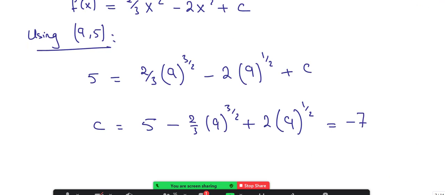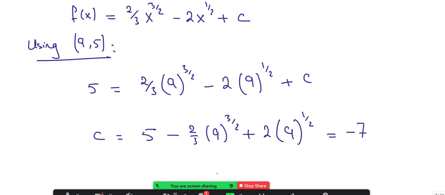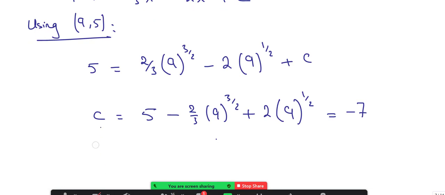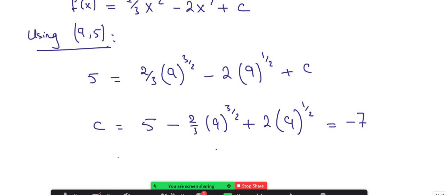Very important part. Write the equation again, please. Don't stop here. Write the equation again.